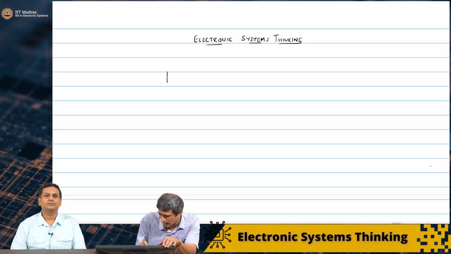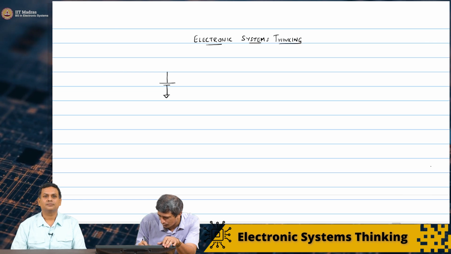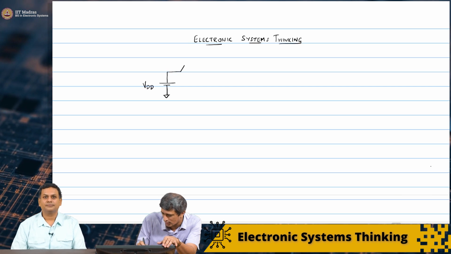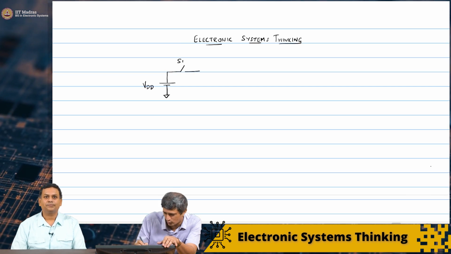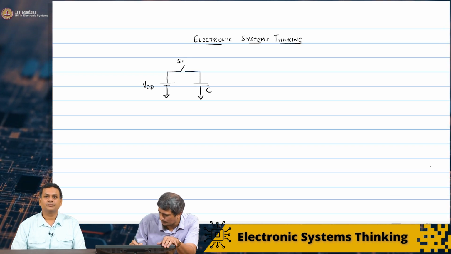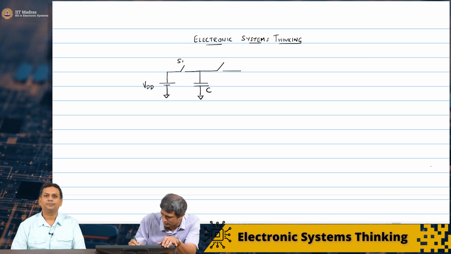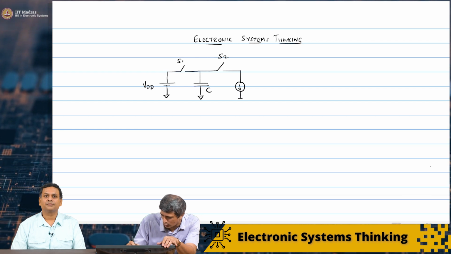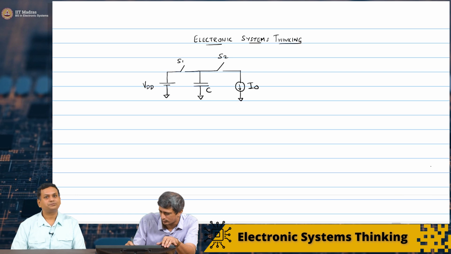Okay, so now let's proceed to some slightly more complex switch capacitor circuits. Let's look at this case. You have a voltage source VDD, a switch S1 controlling a capacitor C, switch S2, and let's say there is a current source I naught here.